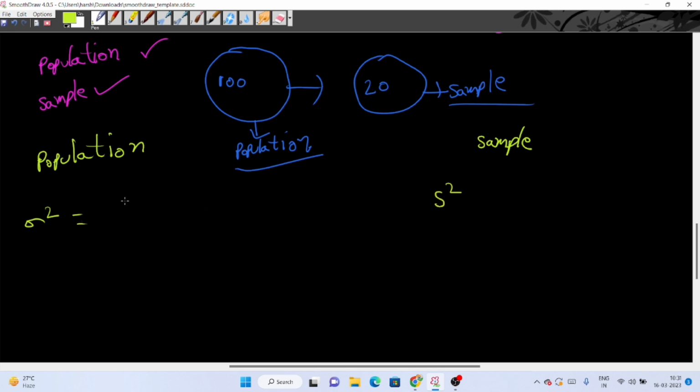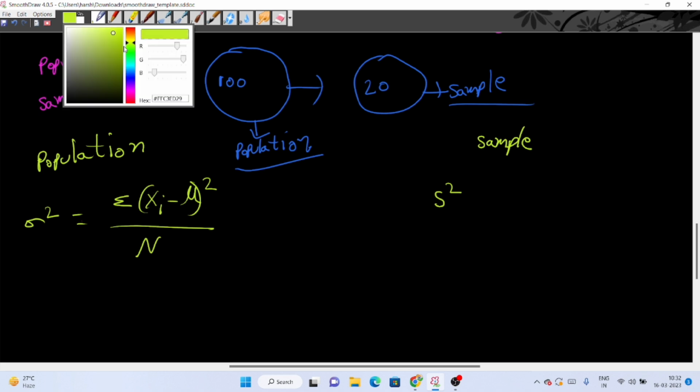And for this one, as in the example, we can write the formula. So what is the definition of variance? It is nothing but the summation of squares of the difference between each data point and the mean of the data set, divided by the total number of numbers.